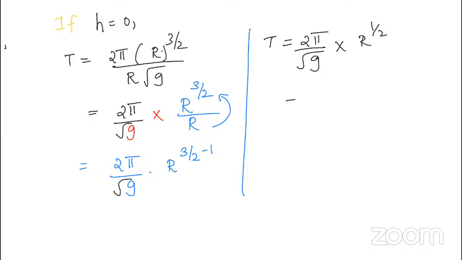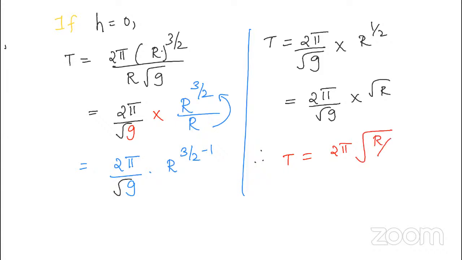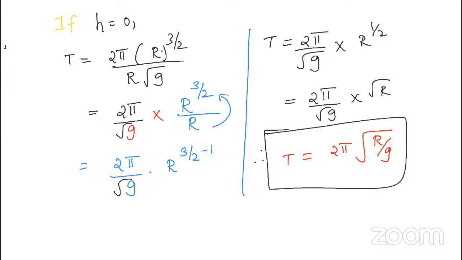So r power half we have to write it in roots. So 2 pi by root g into root r. So simply we are writing t value is equal to 2 pi into square root of r by g. So this is also very, very important equation. Okay, this is also very, very important one.